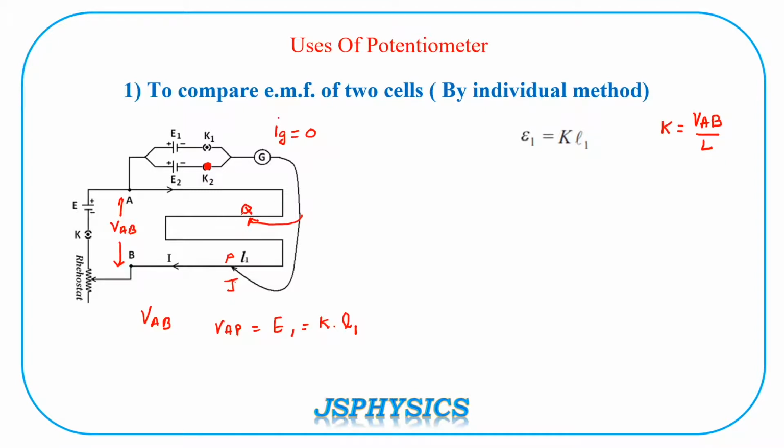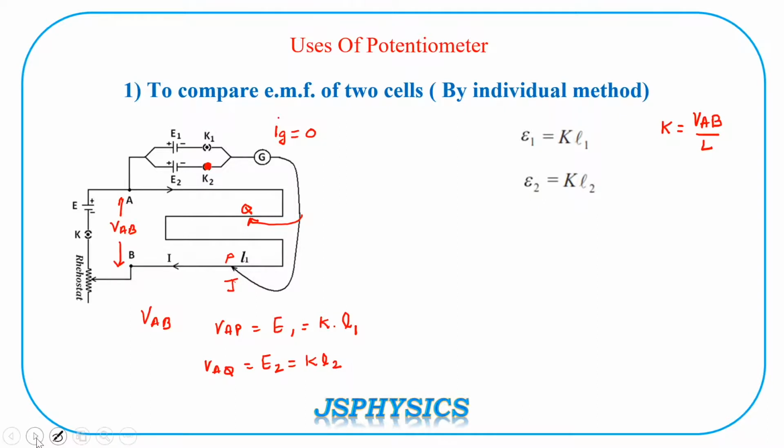So if we get the null point at point Q, in that case we can say the potential difference across A and Q is equivalent to that of E2, because E2 cell is balancing the voltage across A and Q. And if the length between A and Q is L2, then we can write E2 is equal to K into L2, where K is again the potential gradient.